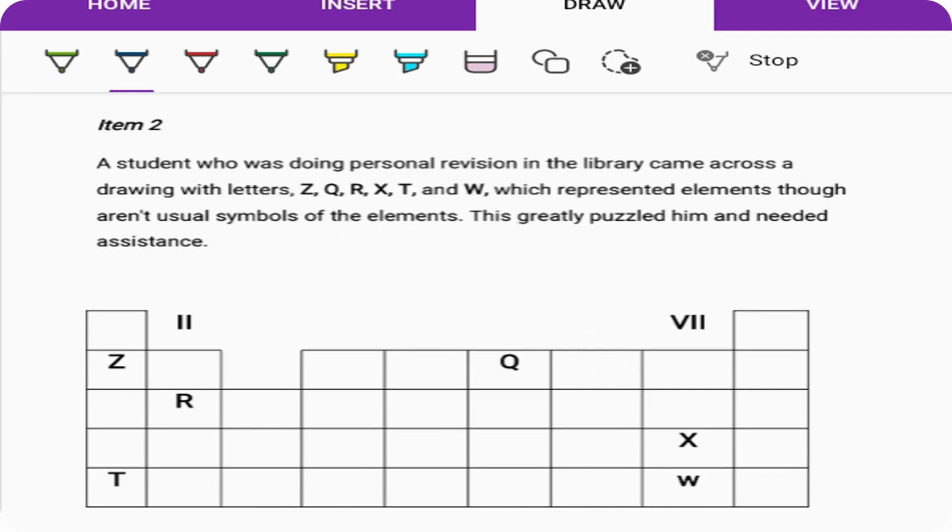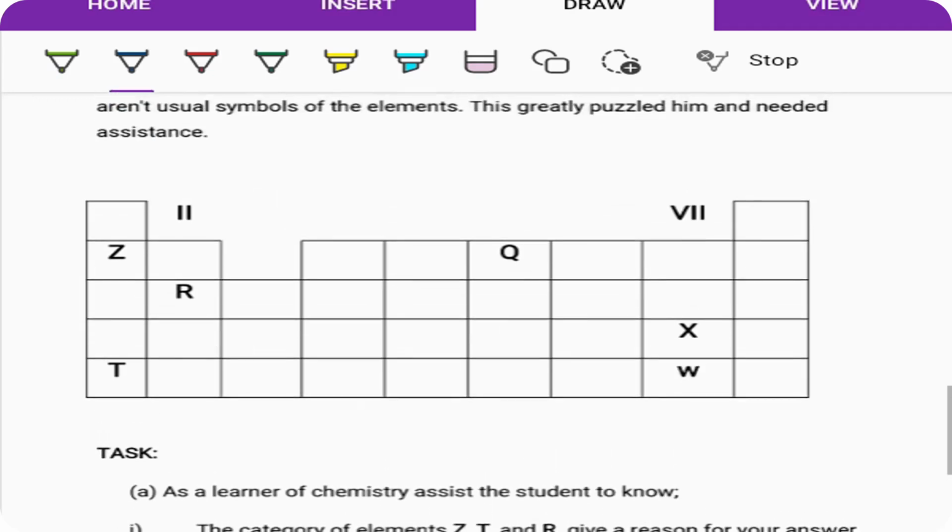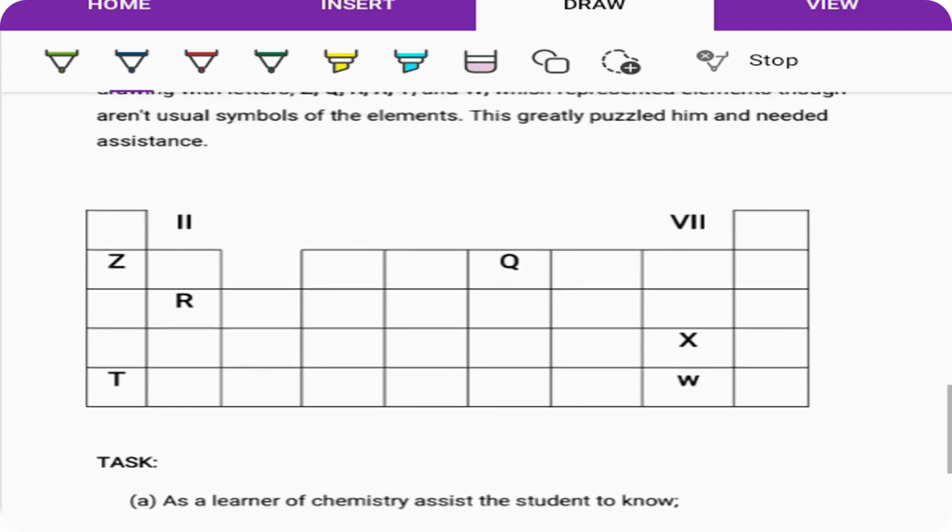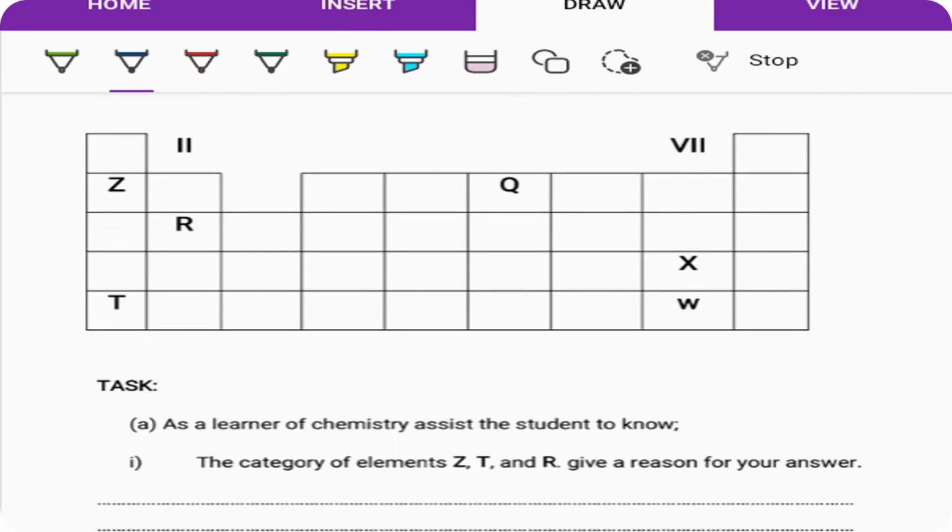And below here you can see our drawing, which is part of the periodic table. We can say that this is group 2, meaning that this one is group 1. Then this gap is for the transitional metal elements. This is now group 3.